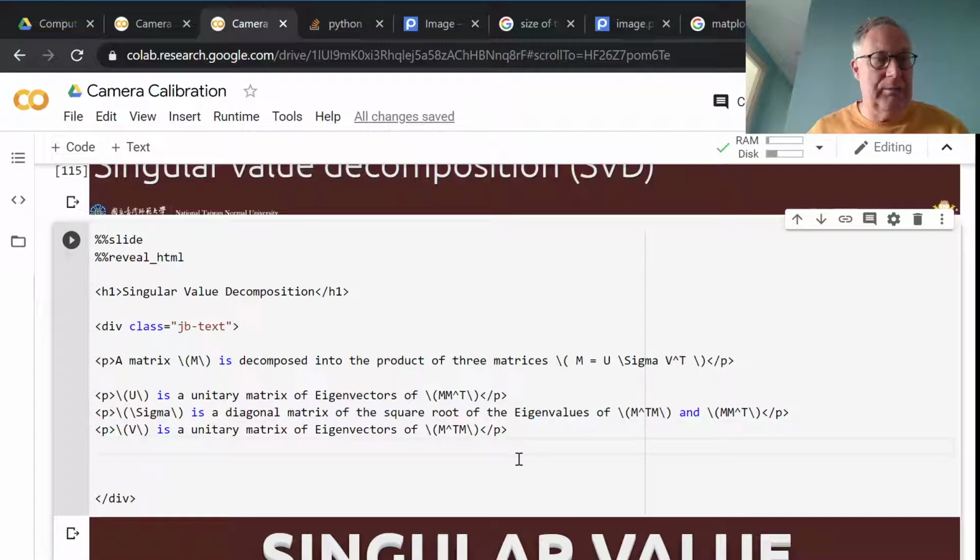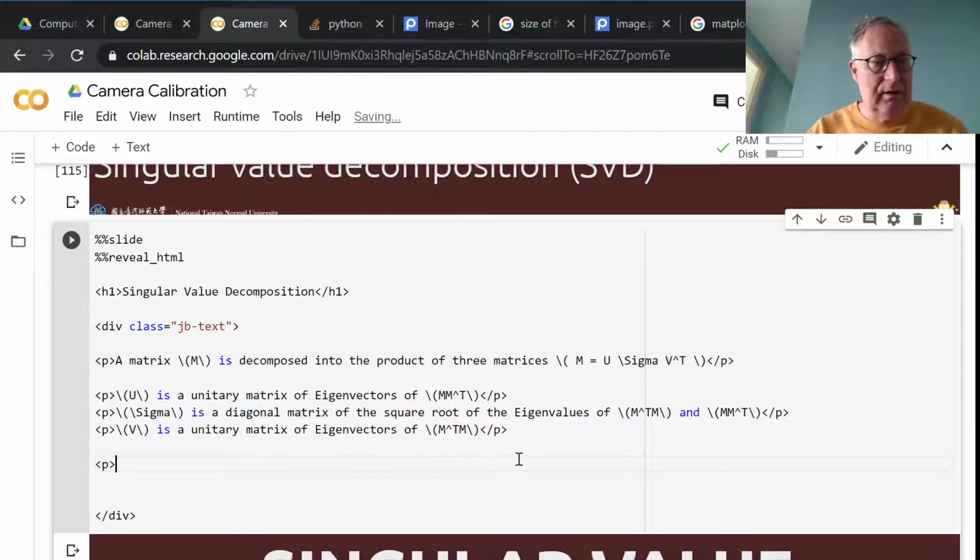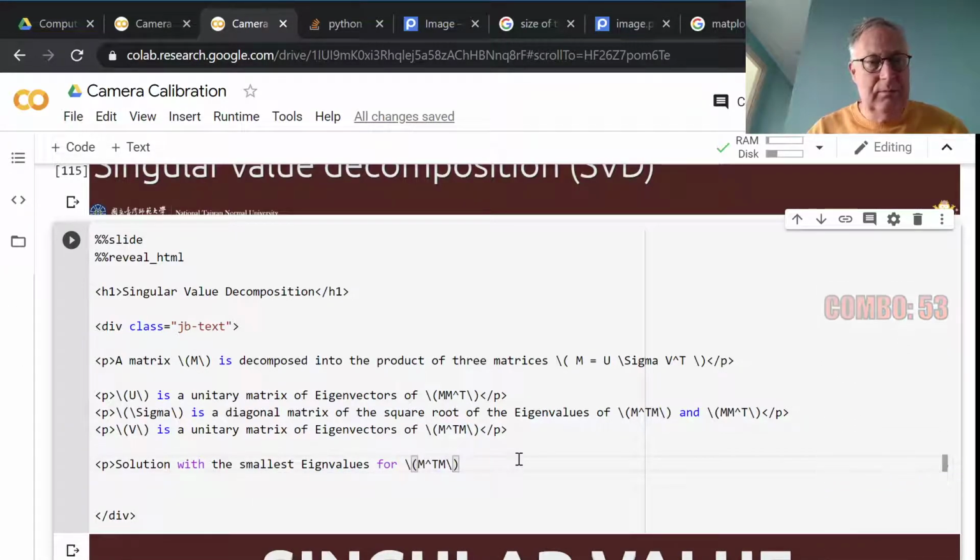Now, for our calibration purposes, we're interested in the solution with the smallest eigenvalues for M transpose M, because that's the least squared approximation, right? A transpose multiplied by A. So that's what we want to find the null space for.